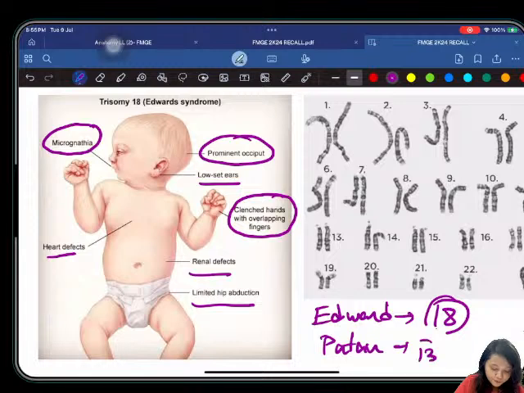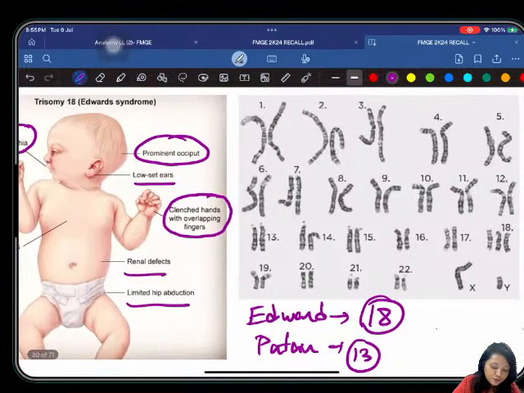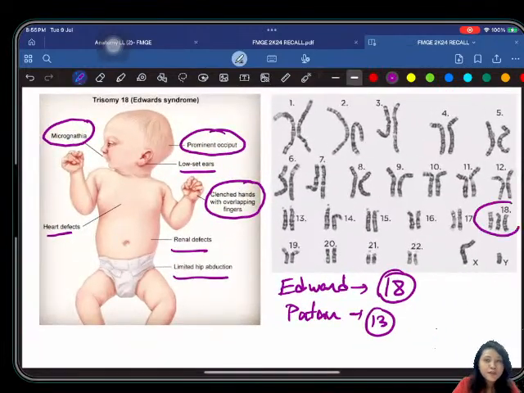These are the 2 trisomies asked alternately each year in each session. So if you have micrognathia, prominent occiput, low set ears, clenched hands, heart defects, renal defects and limited hip abduction, and there is trisomy on the 18 chromosome, then it is trisomy 18, that is your Edwards syndrome.